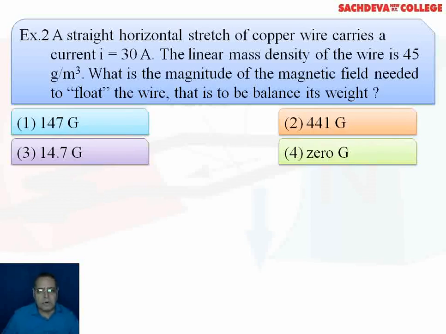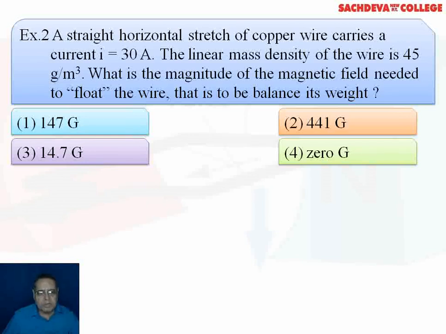A straight horizontal stretch of copper wire carries current I equal to 30 amperes. The linear mass density of the wire is 40 grams per meter.